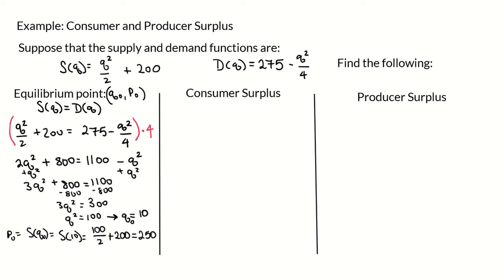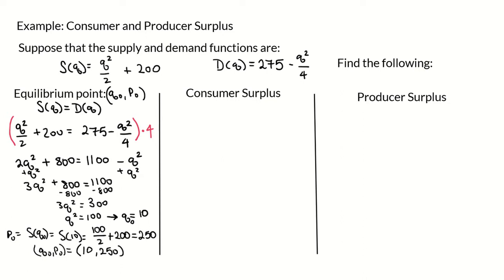So our equilibrium point is 10, 250. So quantity 10, price $250. And we will need to use that for both the consumer and the producer surplus.